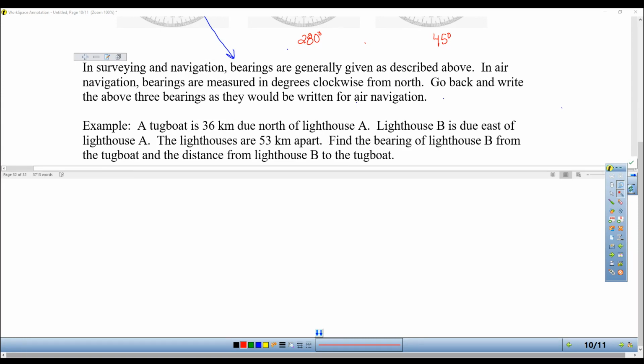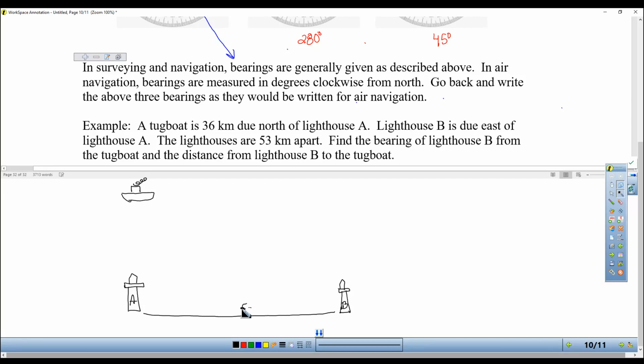A tugboat is 36 kilometers due north of Lighthouse A. Then Lighthouse B is due east of that. So here's my little tugboat, and I've got my Lighthouse A. And then due east of Lighthouse A, I have my Lighthouse B. I know these drawings aren't great, sorry.